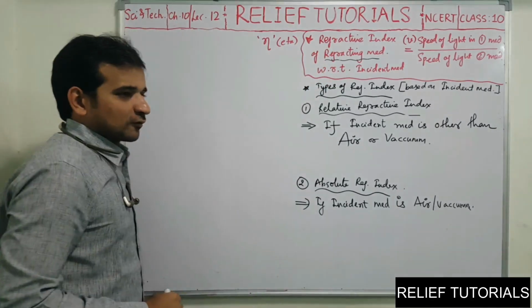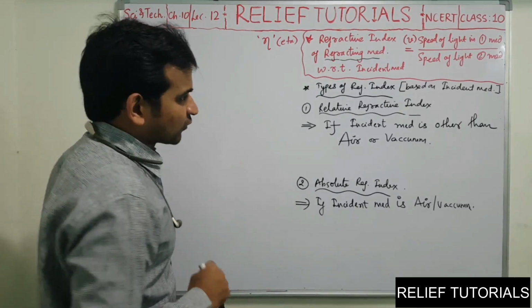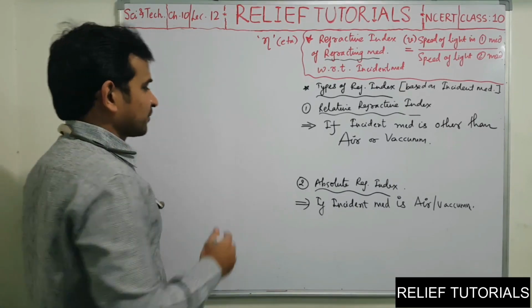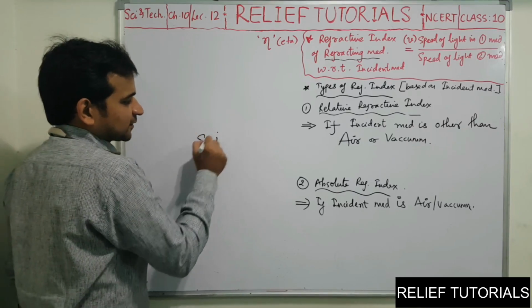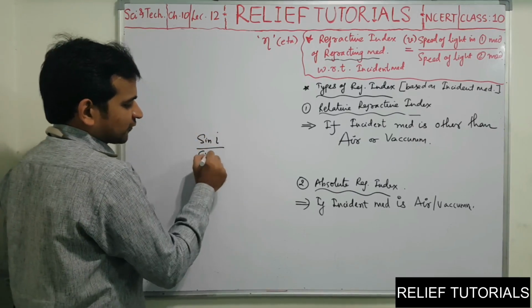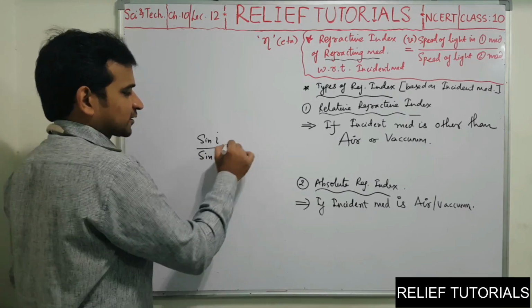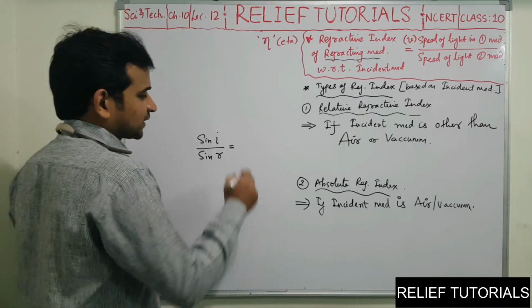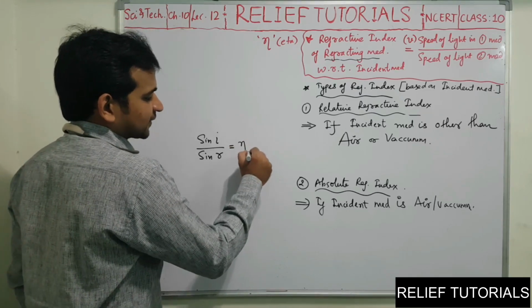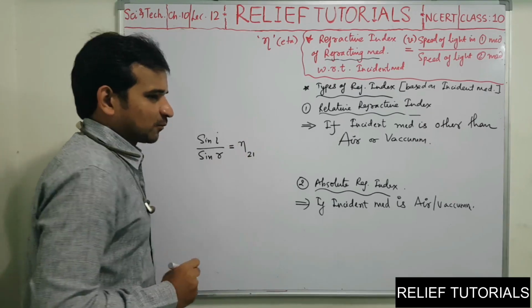Previously, we have seen the laws of refraction, in which the second law was Snell's law. According to it, the ratio of sine of angle of incidence to sine of angle of refraction always remains constant, and the value of that constant is the refractive index of medium 2 with respect to medium 1.